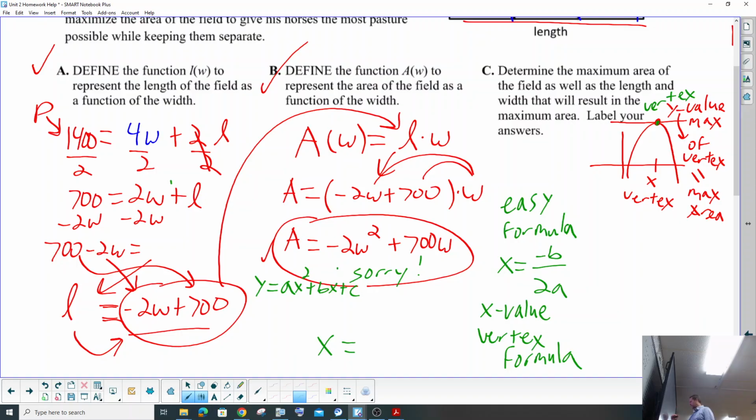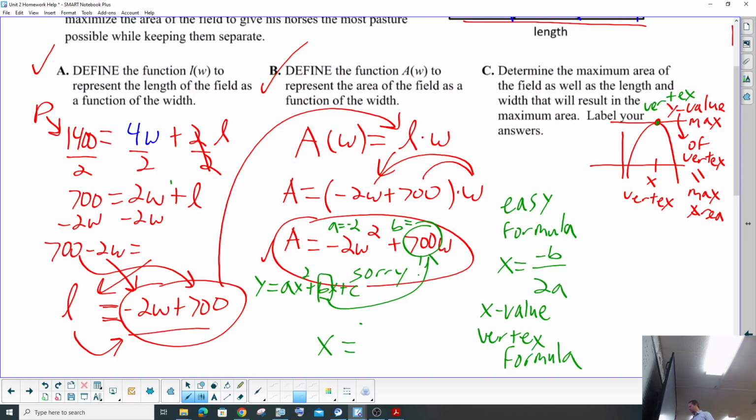We don't have a c value here, but we do have a b value. Our b value is next to the variable, so 700 is our b value, and negative 2 is our a value.